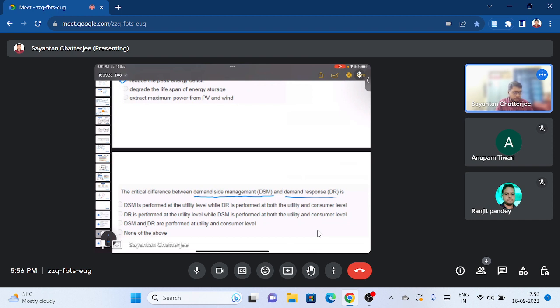DR is performed at the utility level, while DSM is performed at both utility and consumer level. DSM and DR performed at utility and consumer levels. You can go with the choice.